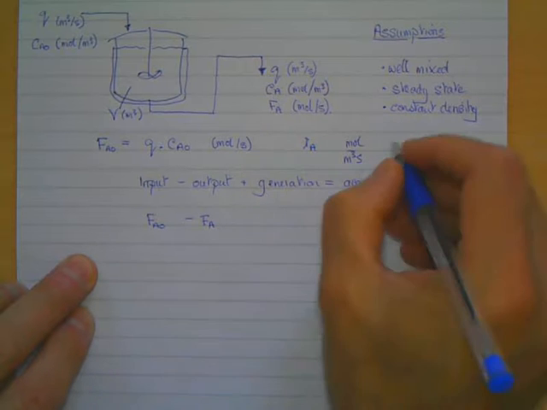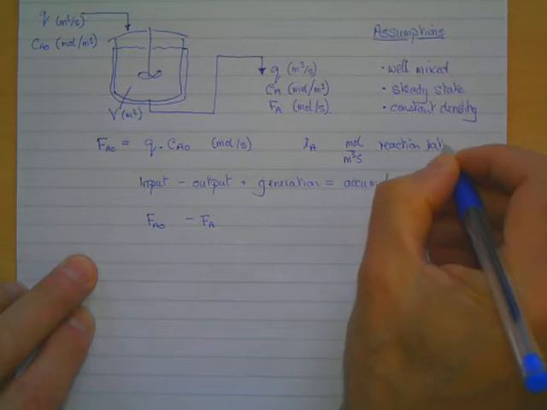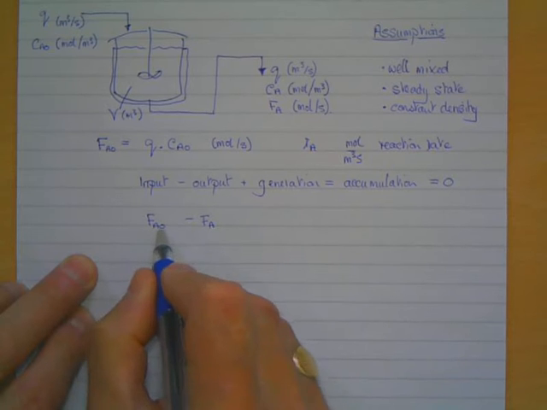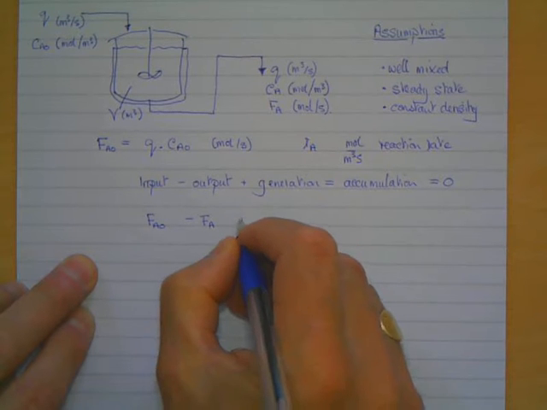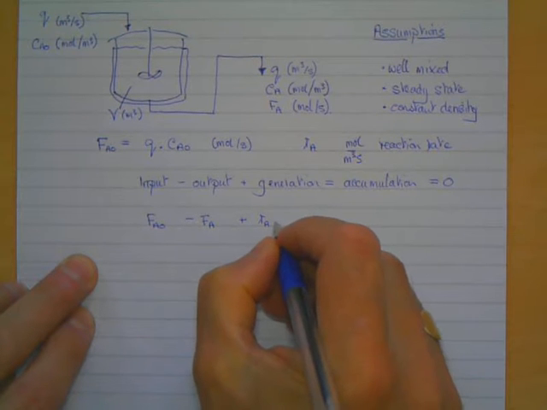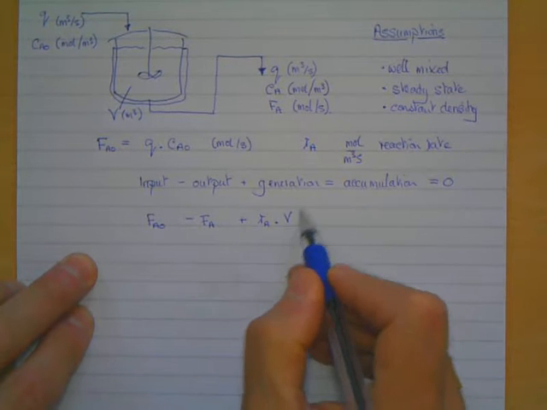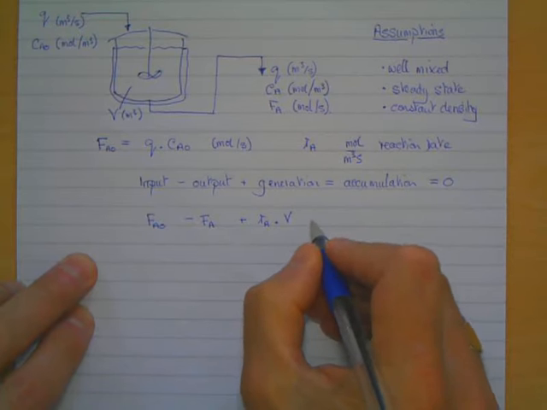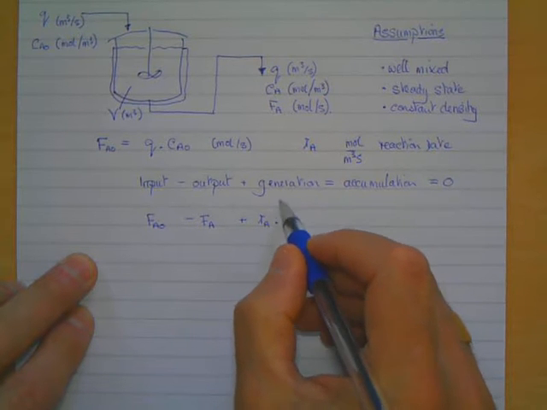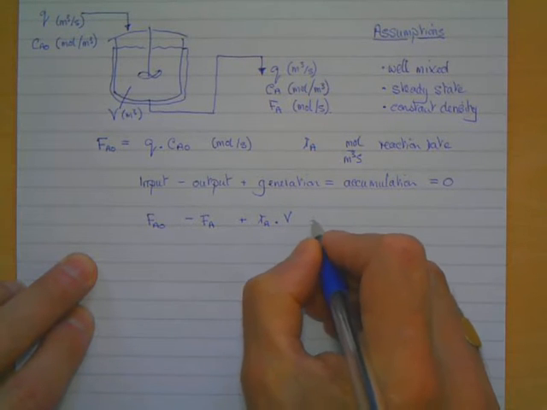So that's the reaction rate. So these are in moles per second, so we need to multiply our reaction rate by the volume. So the reaction rate multiplied by the volume gives us the rate of generation. In this case it's the rate of consumption, because RA will be a negative number for material A. If you sum those three terms together, it's at steady state, so that equals 0.